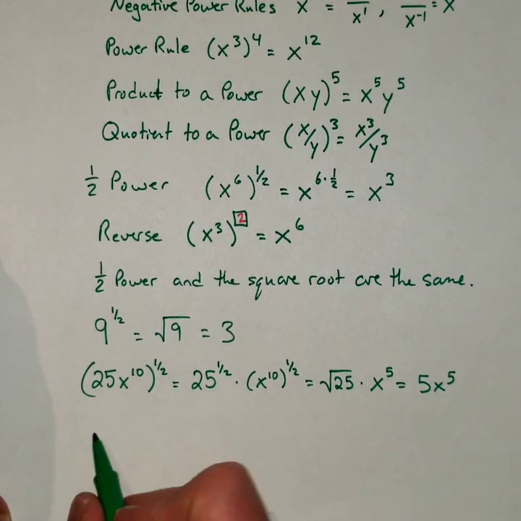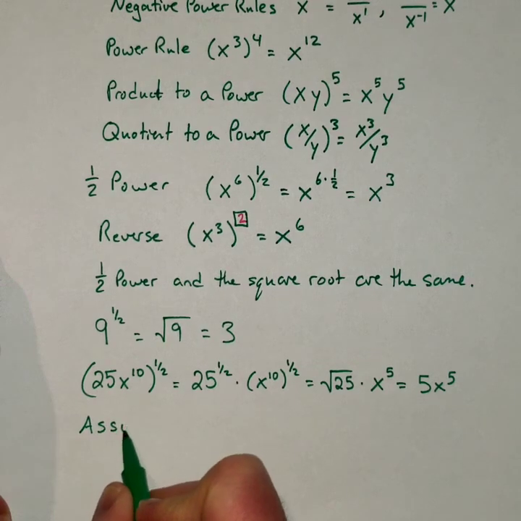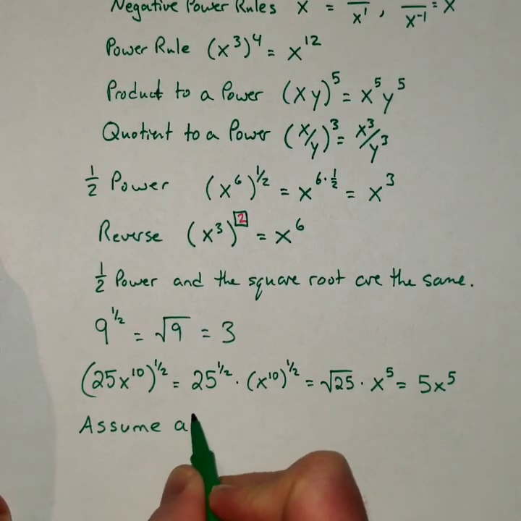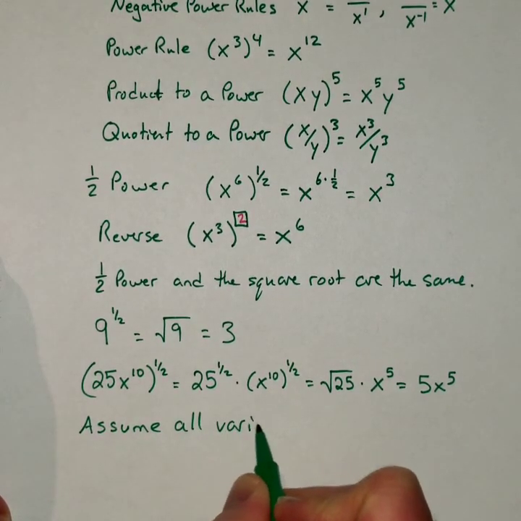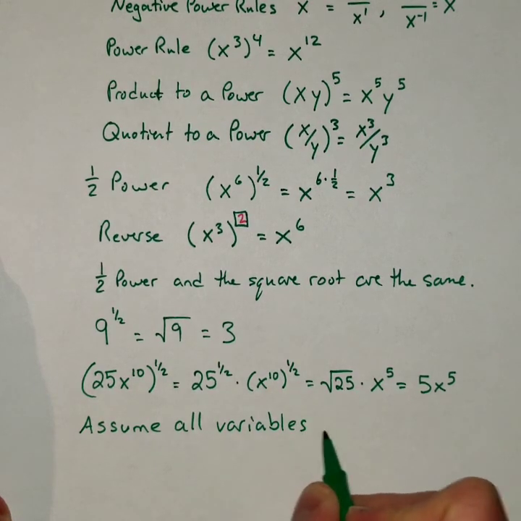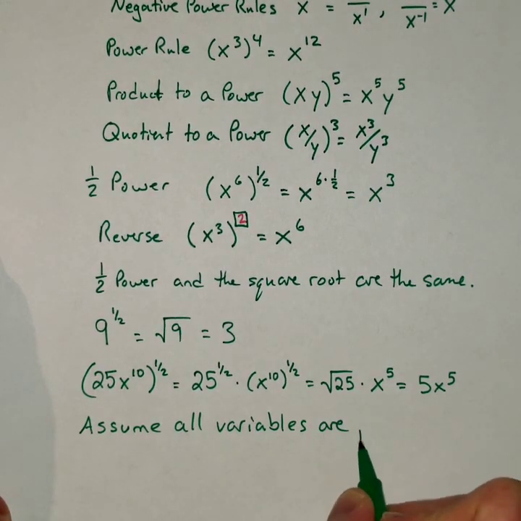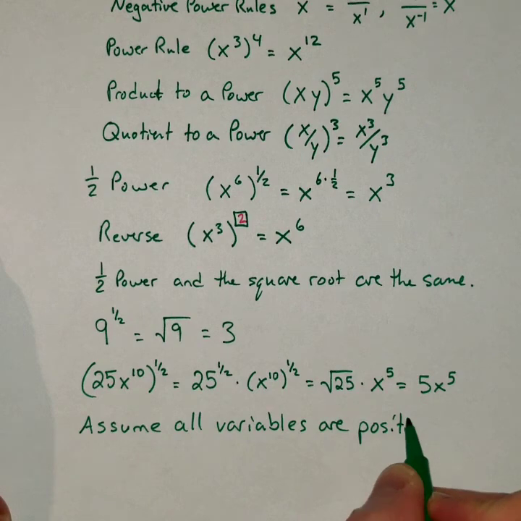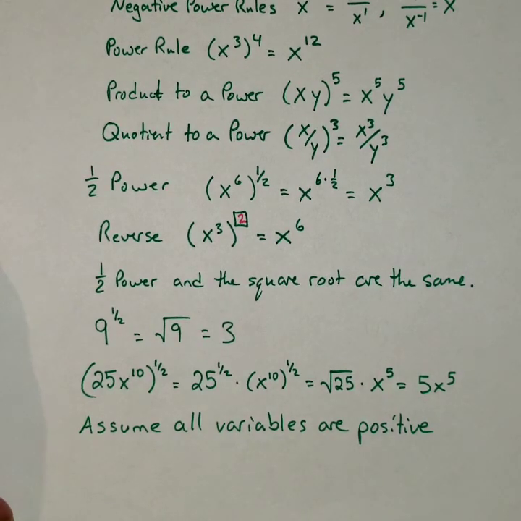So for this section, assume all variables are positive. If we don't make that assumption, we could end up with some weird things where if you take a square root of a negative number, you end up with something that's not a real number.